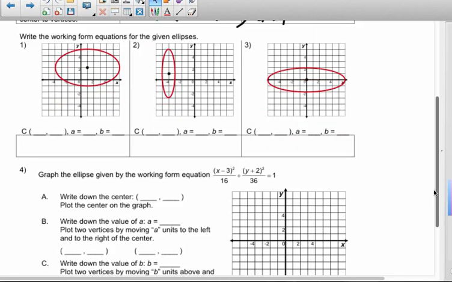The working form equations. All right, so here we go. Now, even if they didn't give you this point right here, you should be able to get it because the center is halfway between our vertices. And you can get that by counting out 1, 2, 3, 4, 5. This is at 6. This is at -4. Halfway in between, you add them and divide by 2.